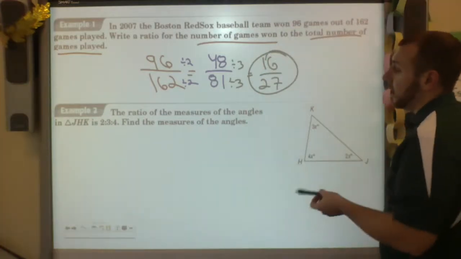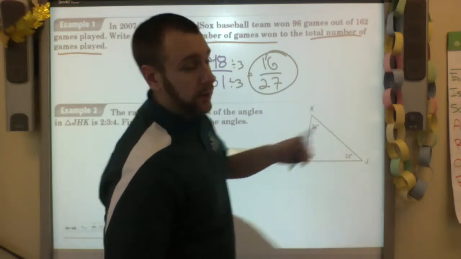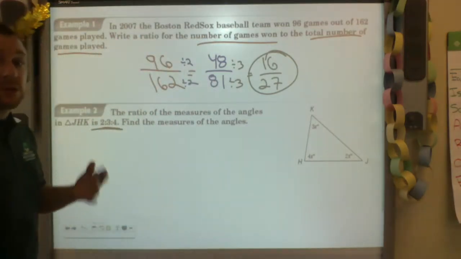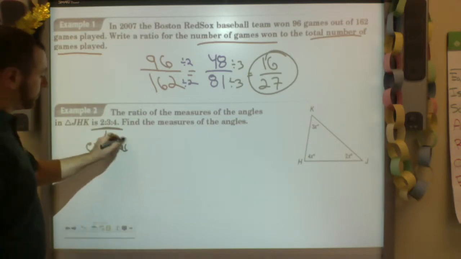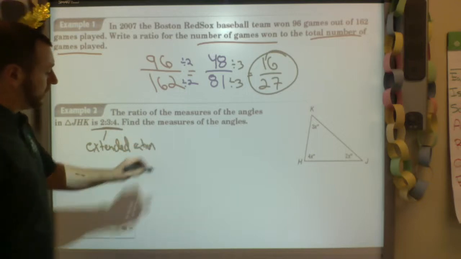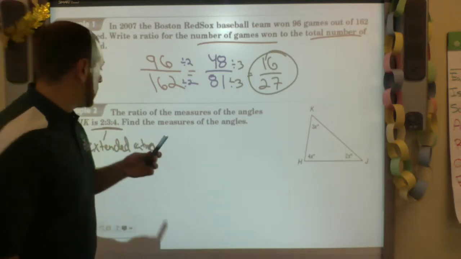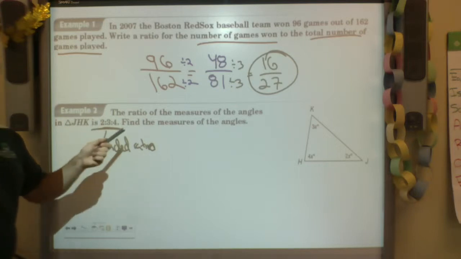The other trick with this is when we have triangles and we use those colons, and there are three things, this is what we call an extended ratio. What this means is that the ratio of the measures of the angles in triangle JHK is 2 to 3 to 4.